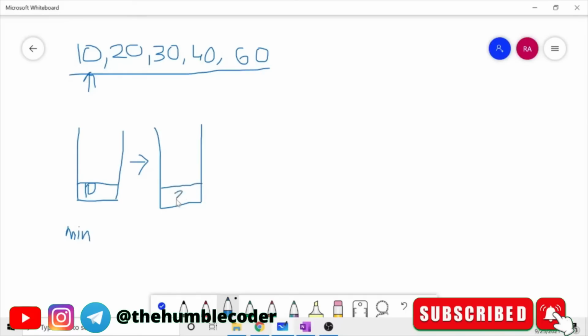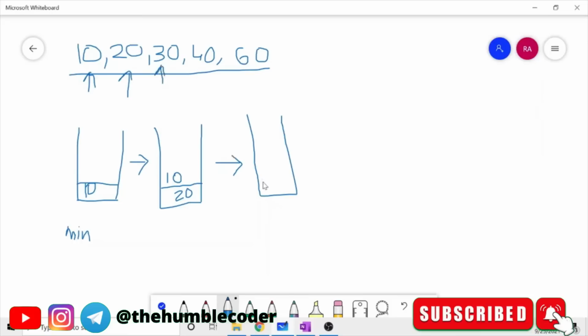Since this is a min heap, the heapify procedure will happen and the minimum element will be at the top. So 10 will come here. Now again we will check if the size of the heap is less than 3. Yes, it is. So we will move on to the next element, which is 30. So we have processed 20 and now we are moving towards 30.